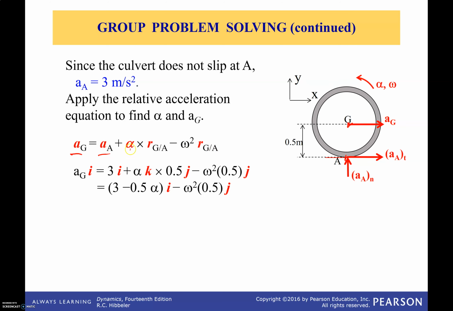The rotation part is alpha cross the vector rg relative to a, minus omega squared rg relative to a. So this vector here is rg relative to a.